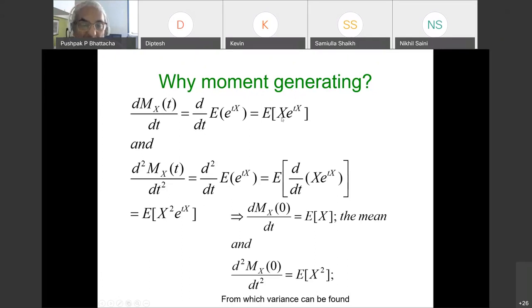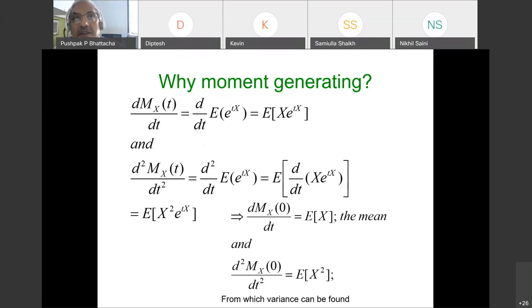So the mean of the random variable is the first derivative of the moment generating function at t equal to 0. This comes in very handy when we want to find the expectation of a random variable and we know its distribution. Normally you have to sum over the values of the random variable multiplied by the PMF, or integrate the product of the random variable value and the PDF.